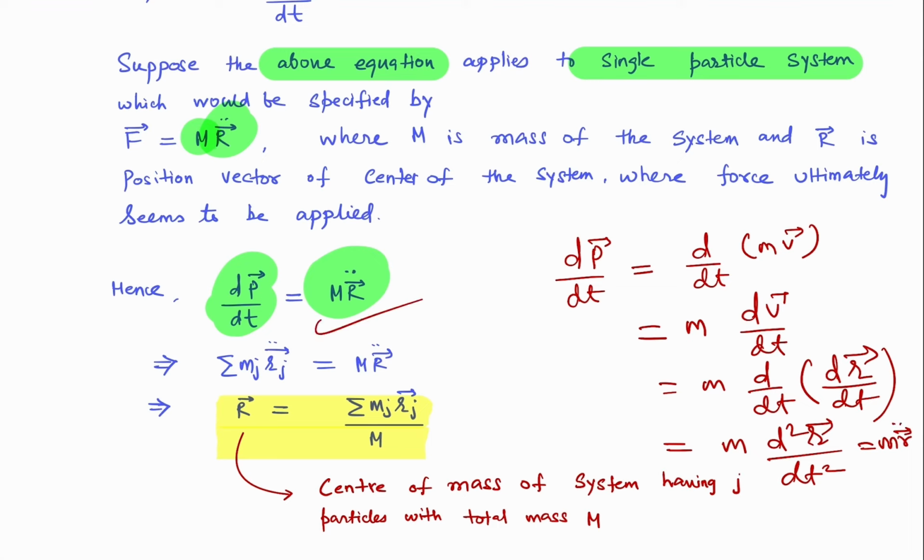So now for the system of particles, we could use the expression summation of mj and rj's double derivative, which is going to be M, the mass of the whole system. This small mj is the mass of a single jth particle, but this capital M is the mass of the whole system.